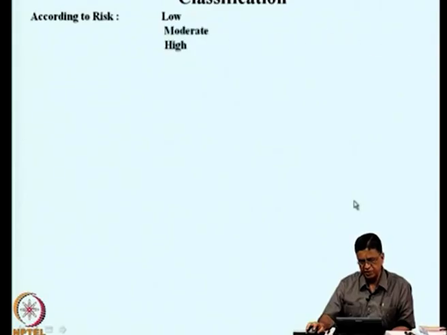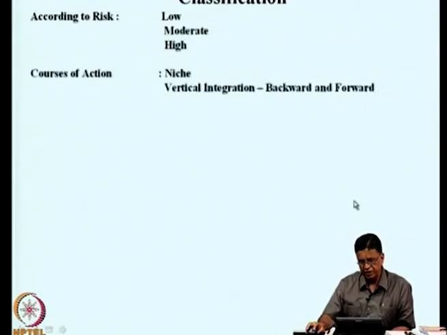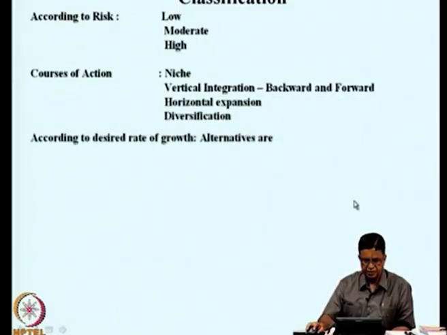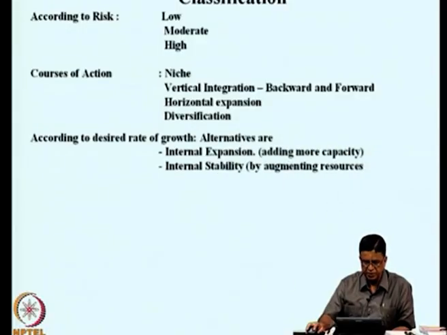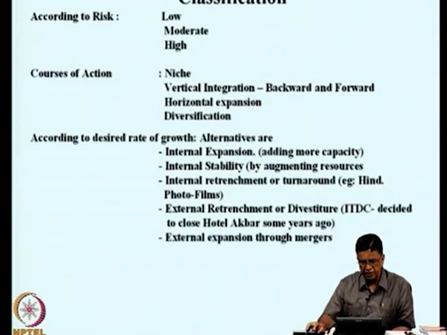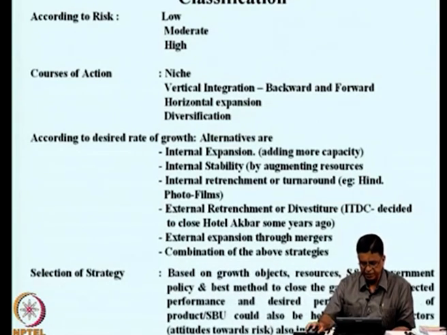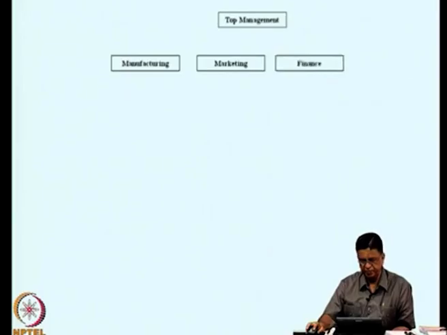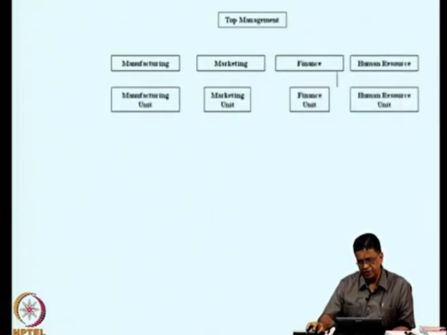So, we presented it as a geographical structure, then a network structure, then we said how can firms be classified according to risk, whether the risk is low, moderate or high, then what could be the courses of action, then what could be the alternatives for desired rate of growth, and depending on all this what could be the best method of selection of strategy.